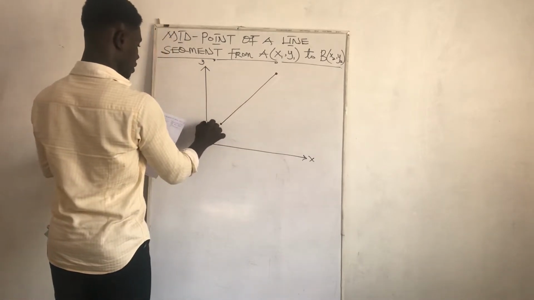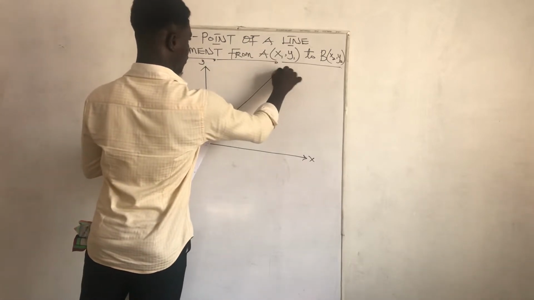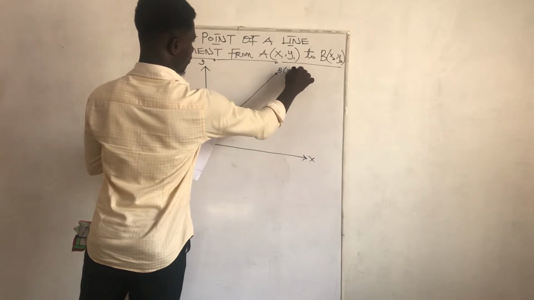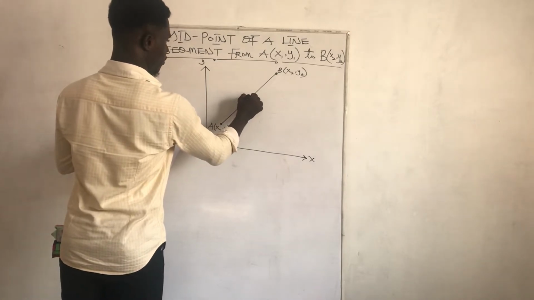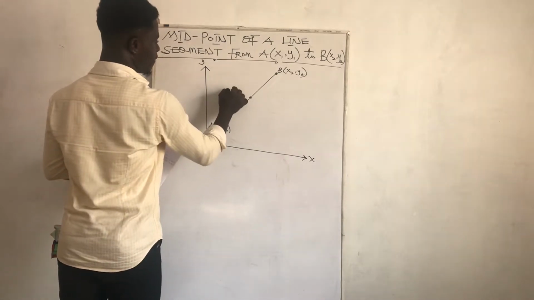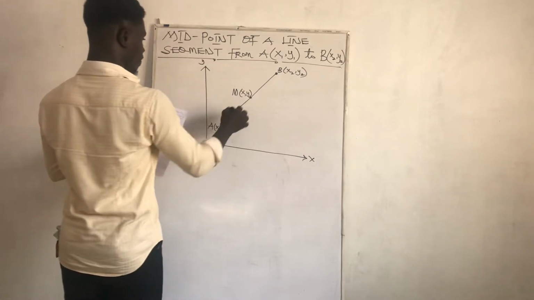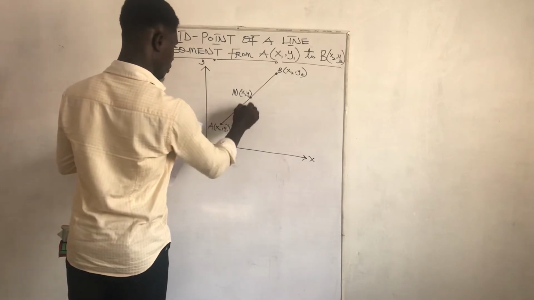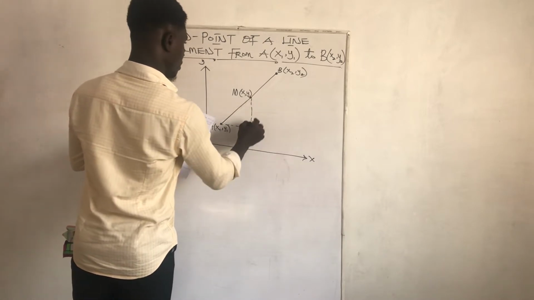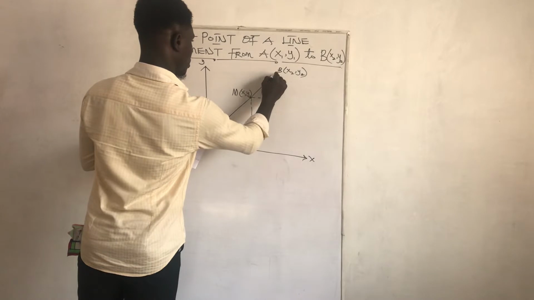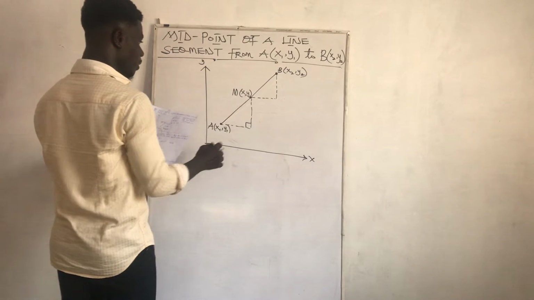I have my point A, x1, y1, my point B, x2, y2, then we assume that the point M, that's the middle point M, is x, y here.